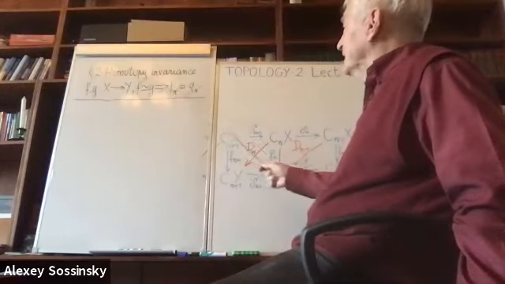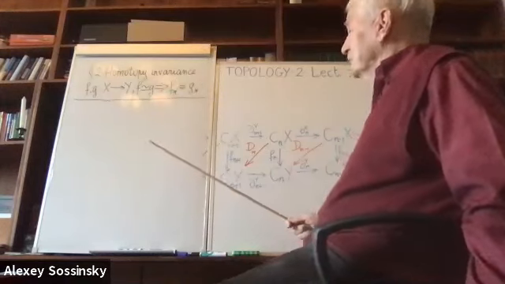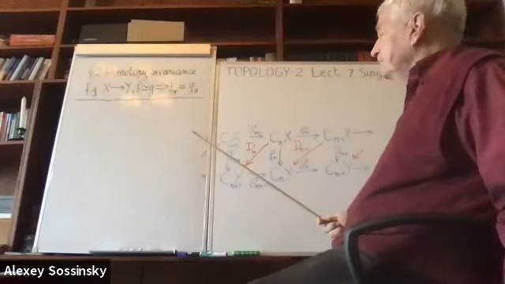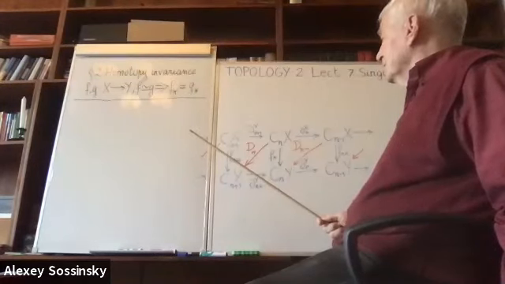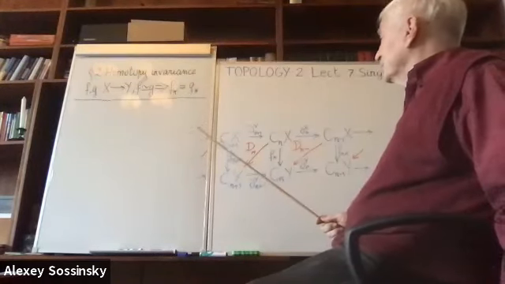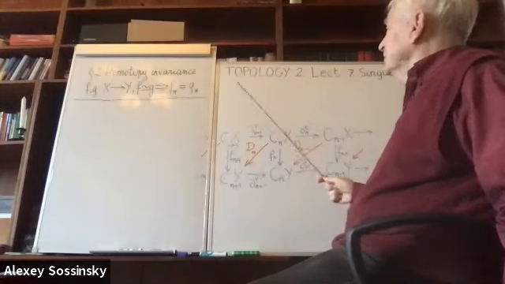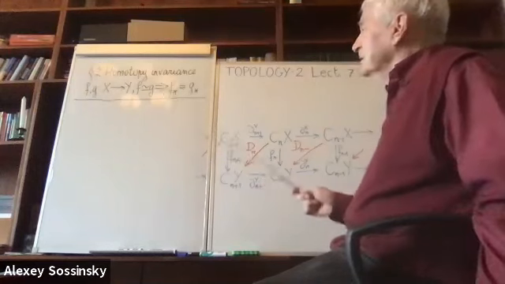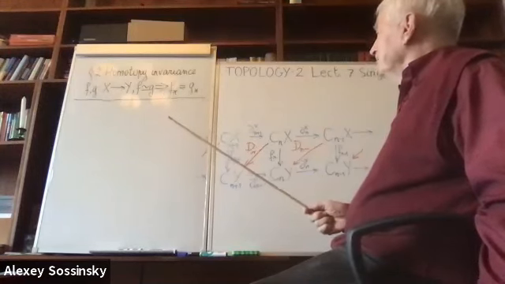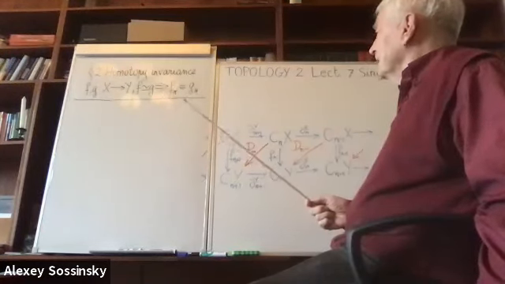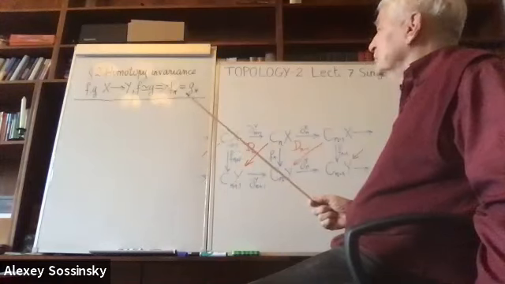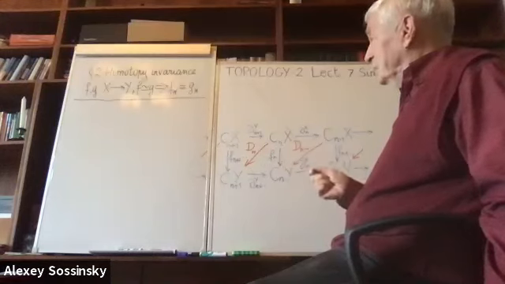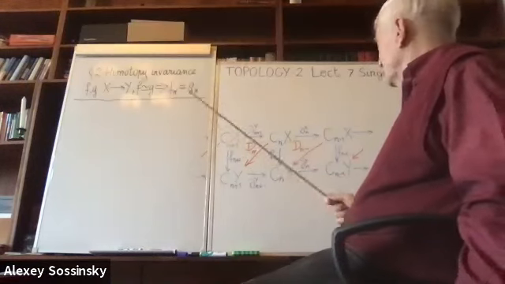From this fact, by a very simple argument, it follows that the homology groups of two topological spaces which are homotopy equivalent are isomorphic.